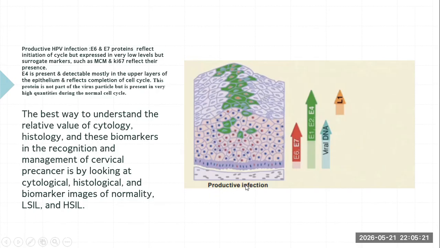When productive infection is present, it is in the basal layer and lower 1/3, and E4 is in the upper layers, which represents cell cycle completion. E4 is detectable mostly in the upper layers of the epithelium and represents the completion of the cell cycle. This protein is not part of the virus particle but is present in very high quantities during the normal cell cycle, so it is a surrogate marker.